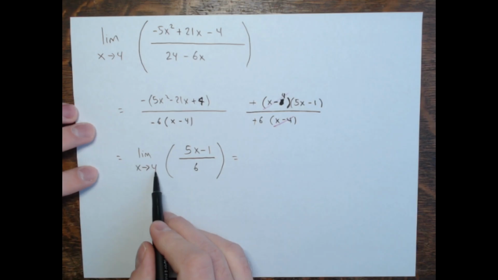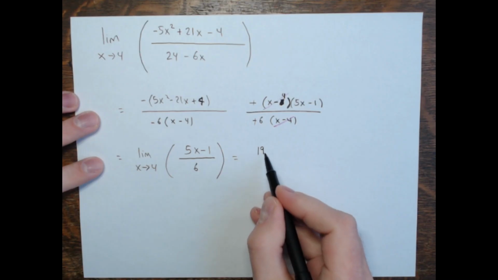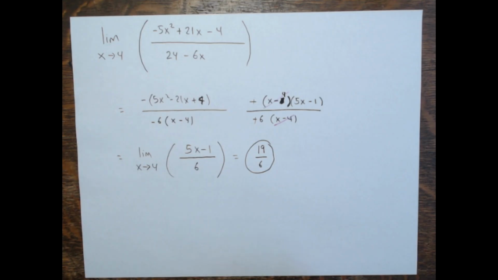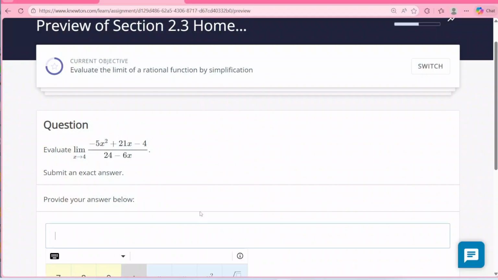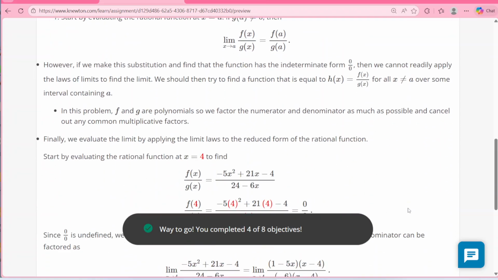And if x goes to 4, now you've got 19/6 for the limit, which again, probably not something you would have been able to tell from a table or a graph. So 19 divided by 6. Cool. All right, so that objective's done.